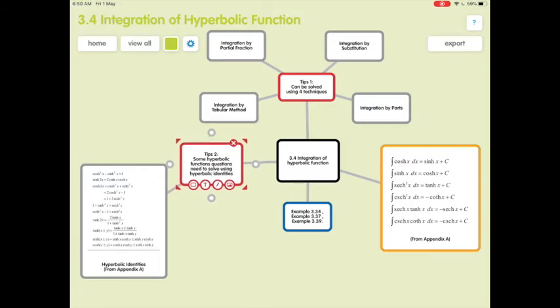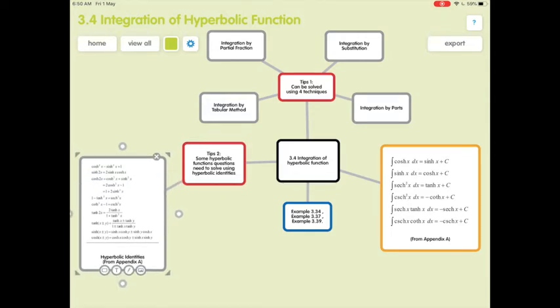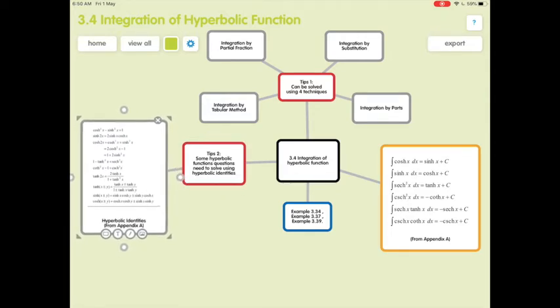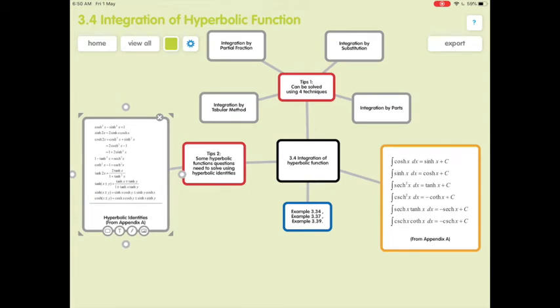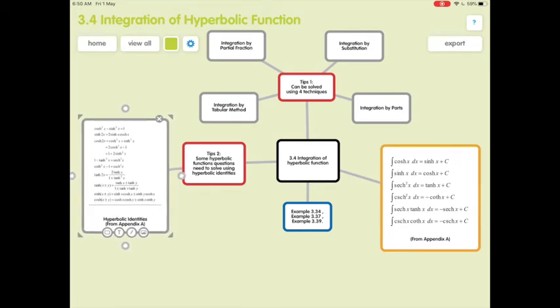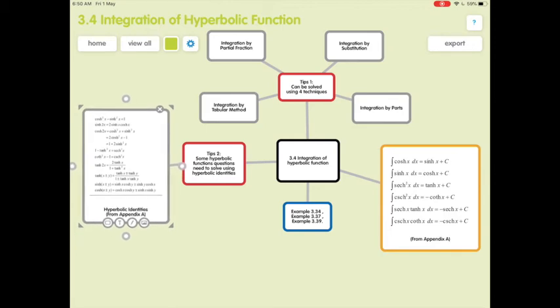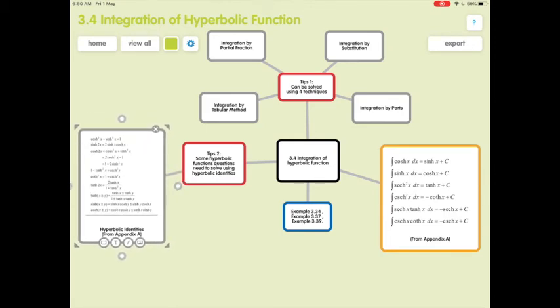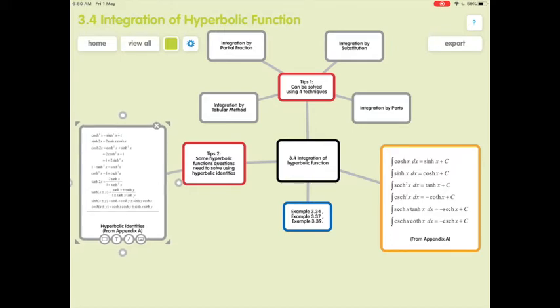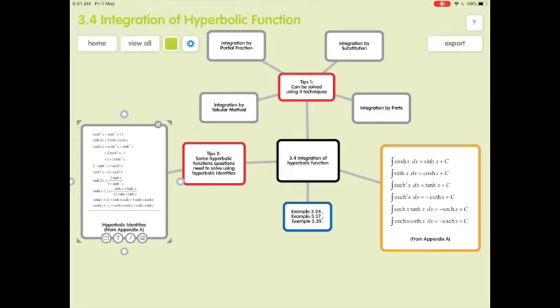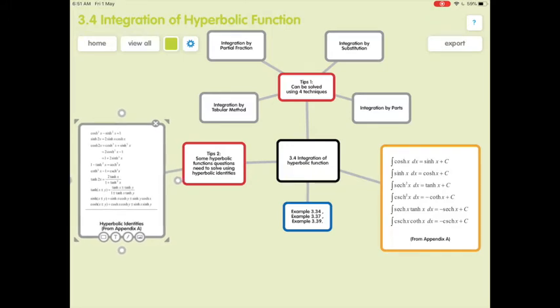And sometimes you may need to solve the questions by using hyperbolic identities. So this is quite similar to trigonometric functions, it's just that hyperbolic identities have a slightly different notation.